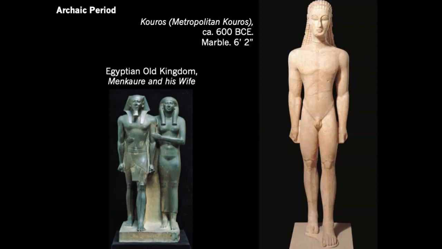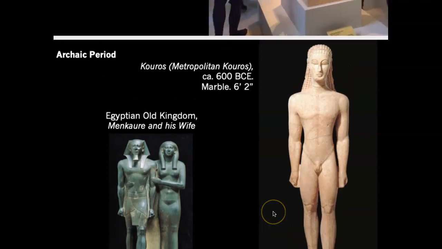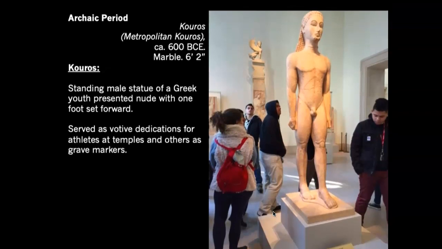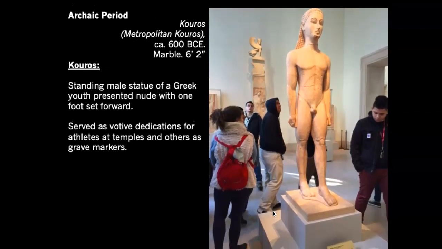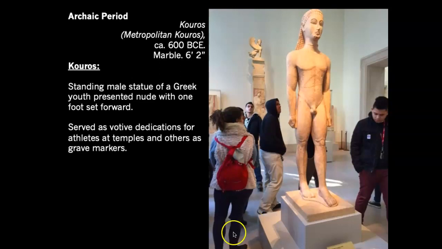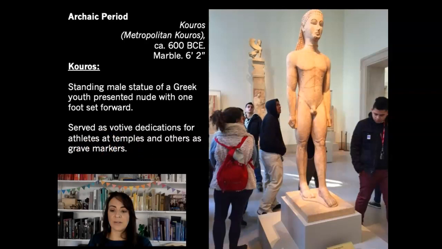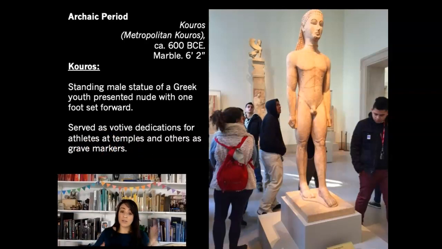So, serving as a counterpart to the young maiden, the Kori, these male statues would have been placed as gifts in front of temples, and they also served as grave markers. We saw a grave marker in the geometric period, right? The geometric craters.